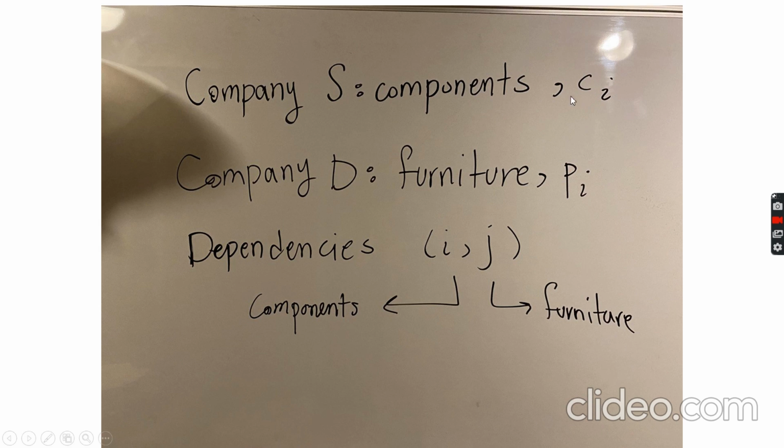So you should set these prices such that you maximize your profit, but also that company D would buy from you. The objective is pretty much the same because company D is going to maximize its profit, so we want to specify these prices CI such that company D also maximizes its profits.